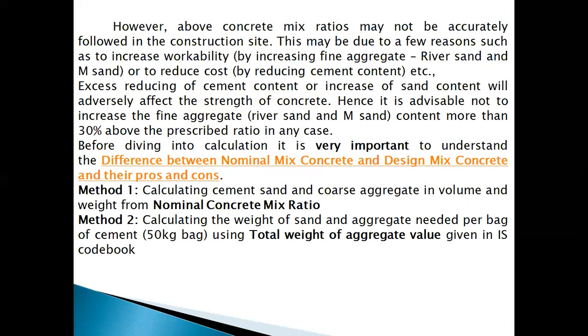Excess reduction of cement content or increase of sand content will adversely affect the strength of concrete. Hence, it is advisable not to increase the fine aggregate, so river sand content should not be more than 30% above the prescribed ratio in any case.